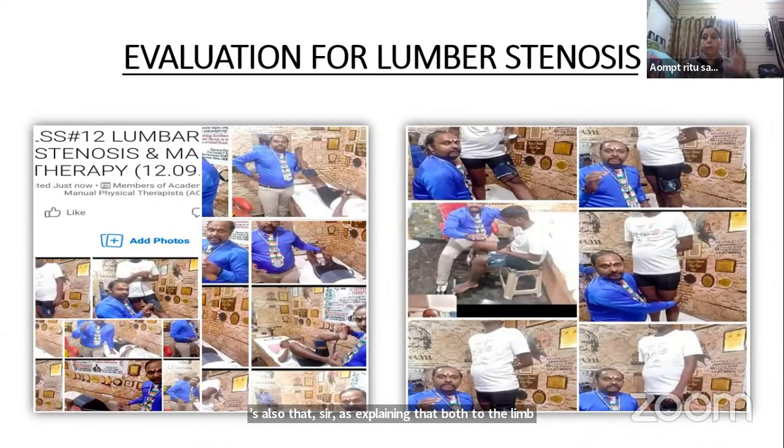So how we check with this cuff: we apply it and see distally or proximally according to the patient's symptoms, and after that we check in which direction the patient is getting relief. By this, sir has explained stenosis in our lumbar spine course. That is also a very useful session, because we see that the patient has pain, and we never think about why it is only unilateral pain or why both limbs have pain.